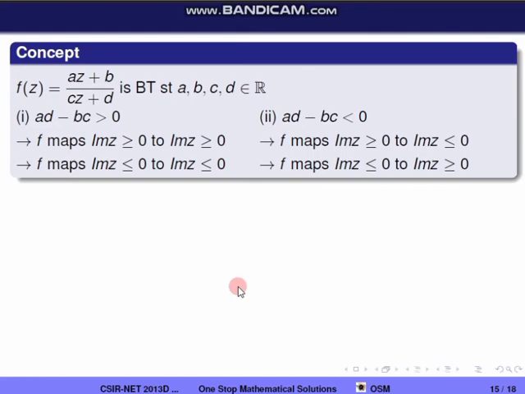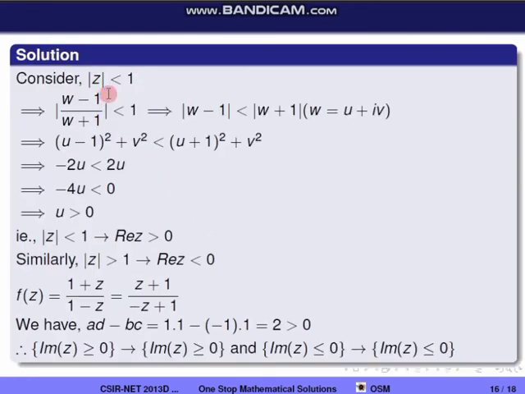So we'll check that. So consider mod z less than 1. So we got z is equal to w minus 1 divided by w plus 1. So substitute here. So this implies mod w minus 1 less than mod w plus 1. So I'm taking w is equal to u plus iv. So this implies u minus 1 whole square plus v square less than u plus 1 whole square plus v square.